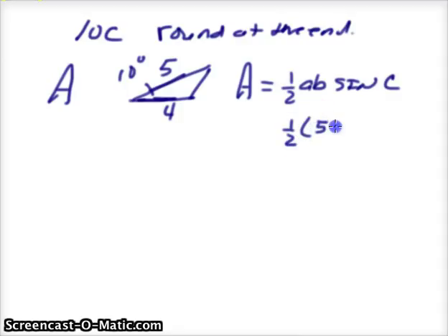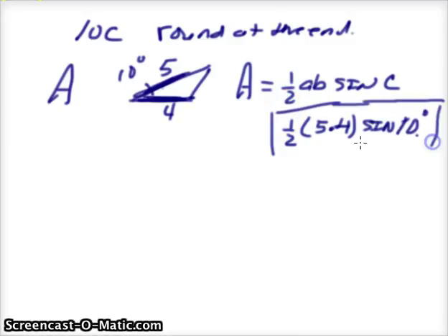I got a 5 and I got a 4. I'm going to multiply that together, and then I'm going to multiply it by the sine of the angle formed by those two sides. I did this in a couple of videos, one or two. So this is how you could find the area. So make sure you know how to do that.